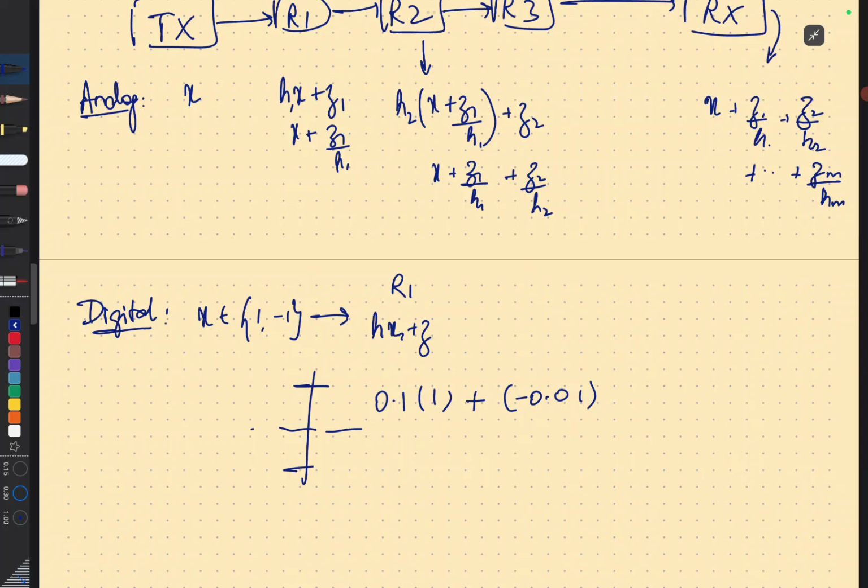But now here's a better solution. Let us decode, which basically says put a threshold. So if what you get is greater than 0, you declare that as +1. If it is less than 0, then you declare that as -1. Now in the scenario where the noise level is very, very small, you can still recover what was transmitted. So this would be decoded to +1.